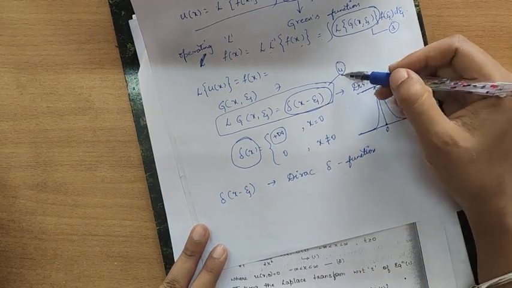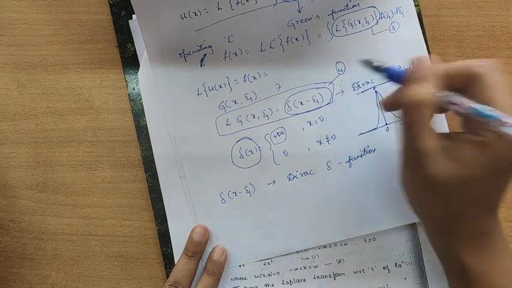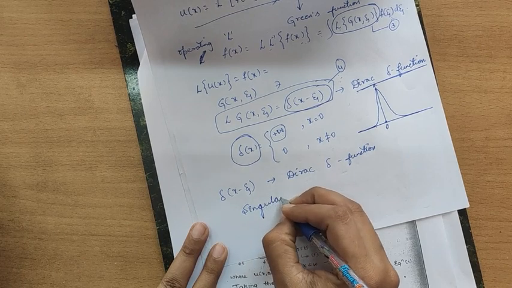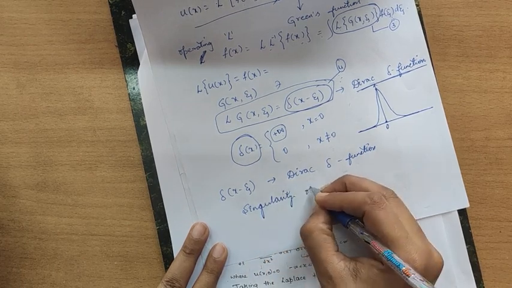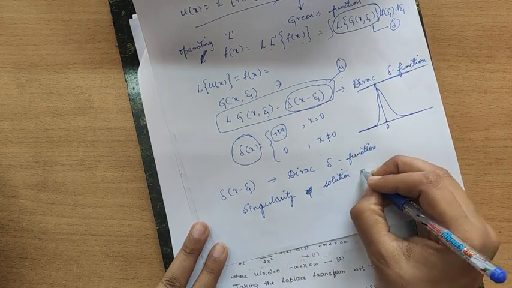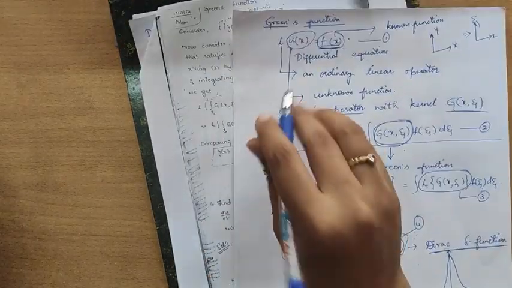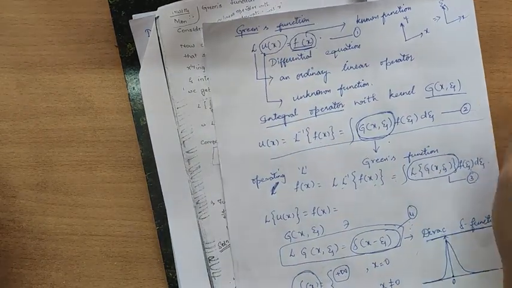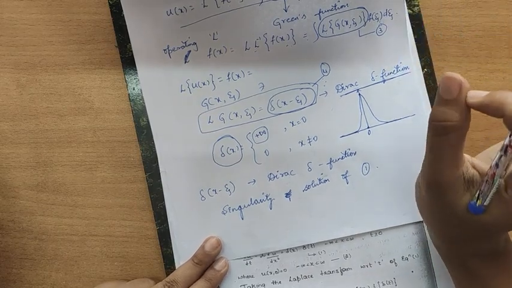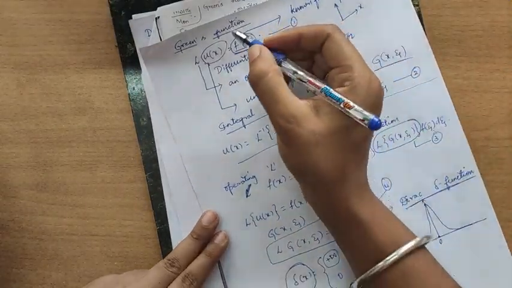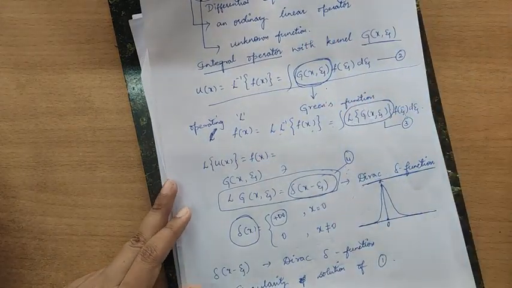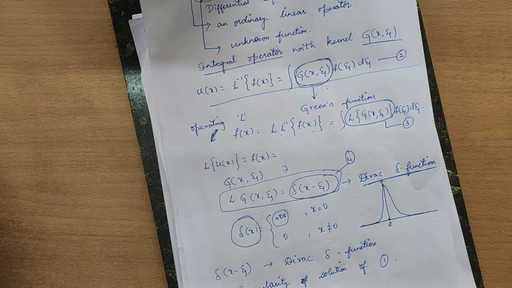The solution of this equation number 4 is called as singularity solution of your equation number 1, that is L of u of x is equal to f of x. That means using the concept of Green's function, we can find out the unknown function. This is all about introduction part of Green's function.